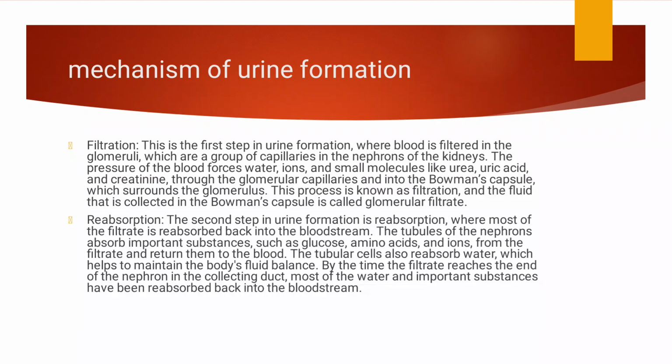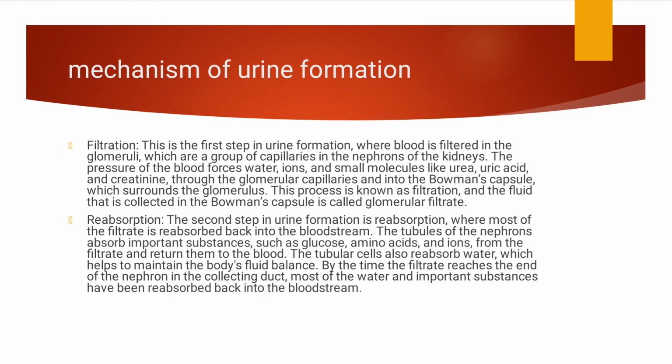The next process is reabsorption. The second step in urine formation is reabsorption, where most of the filtrate is reabsorbed back into the bloodstream. The tubules of the nephrons absorb important substances such as glucose, amino acids and ions from the filtrate and return them back to the blood.